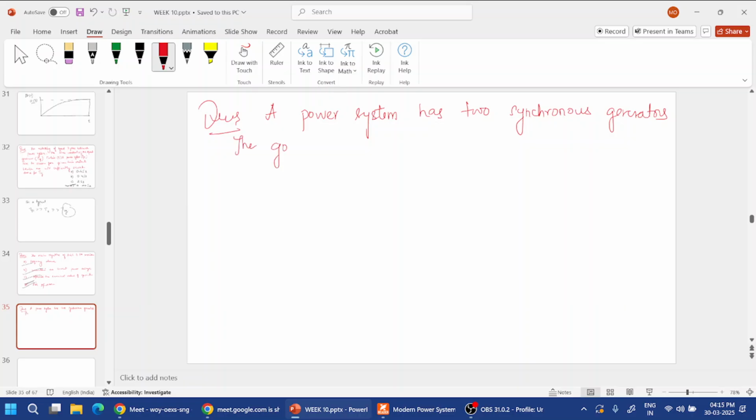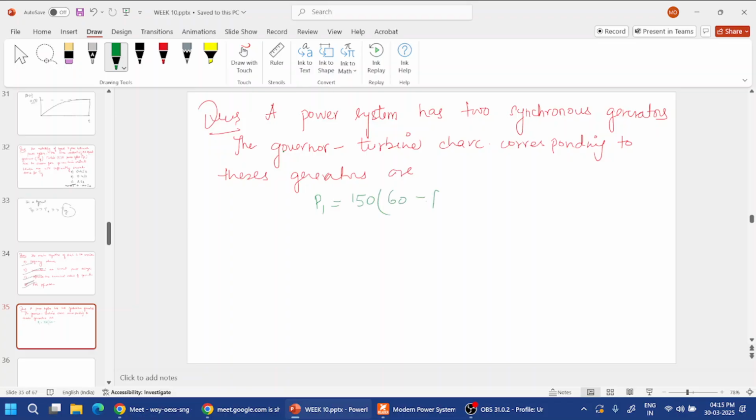The governor turbine characteristics corresponding to these generators are P1 equals 150 (60 minus F) and P2 equals 75 (60 minus F).